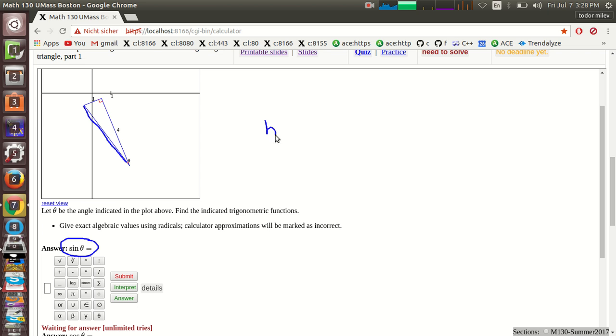Now the hypotenuse is equal to the radical of the two sides. So the hypotenuse in our triangle is equal to radical of 4 squared plus 1 squared. So 4 squared is 16 plus 1, that is 17, so radical of 17. So our hypotenuse is radical of 17 units.